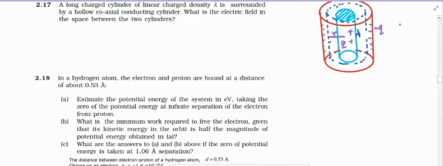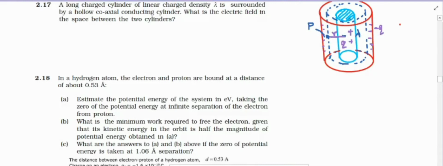So we take a point here, say field point P, in between the cylinders, and that field point P is at a distance r from the center of the inner cylinder, which has the charge.